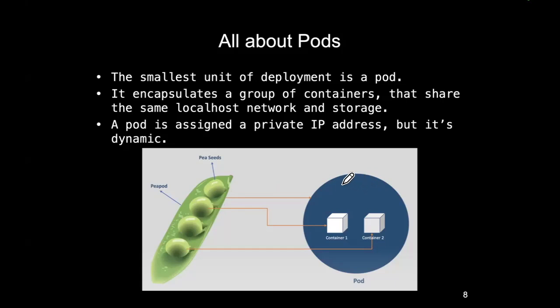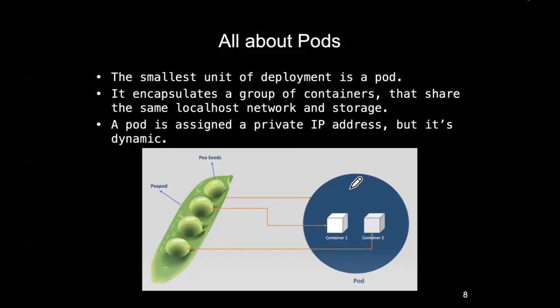A pod is assigned its own IP address. Bringing us back to the world of Docker, just like a container up to now had an IP address when we were running containers on our Docker desktop environment. In Kubernetes world, an IP address is assigned to a pod. But that IP address is only visible within the cluster.